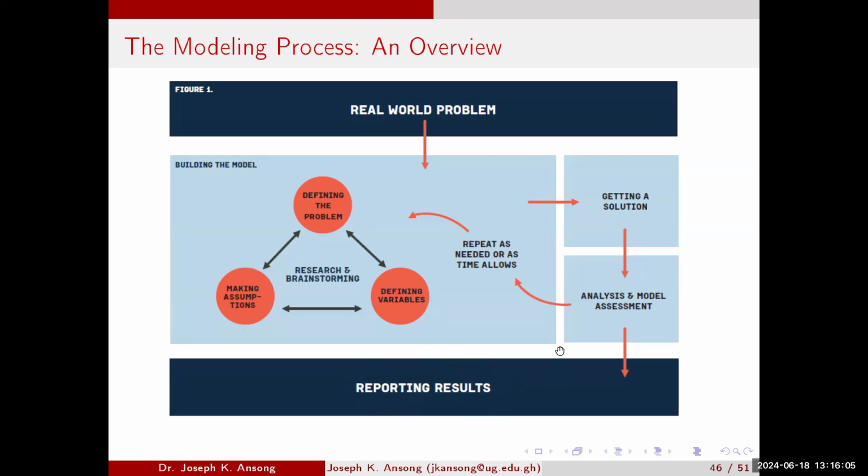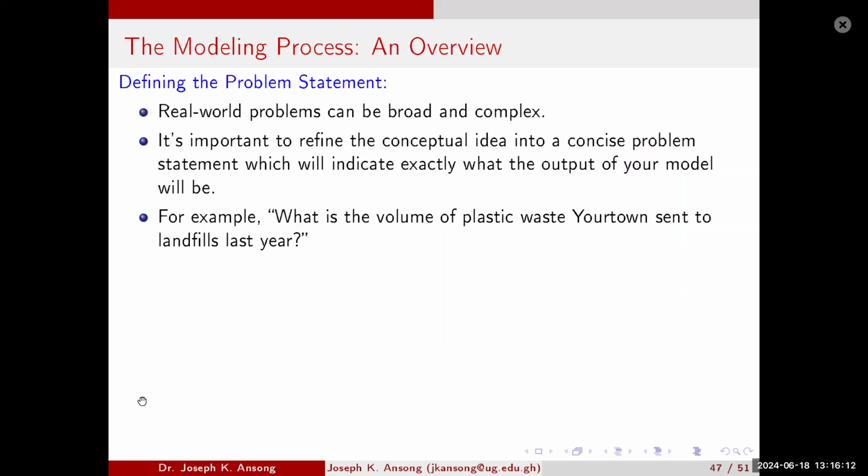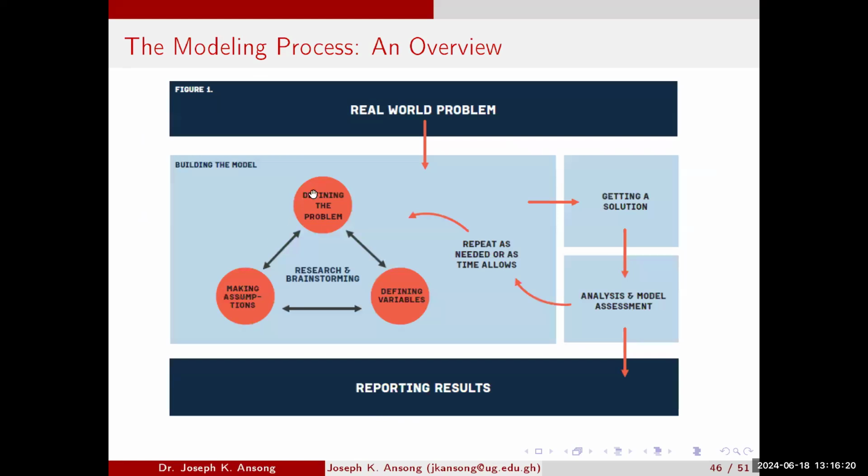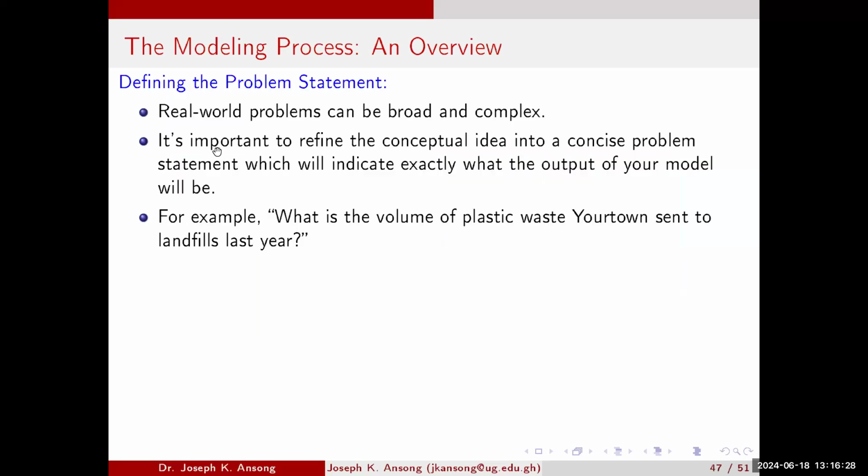So this is an overview of the process of modeling, and I think this picture depicts quite well what all models go through. Each of the next few steps actually just elaborate on these ones, the same thing I've explained here.